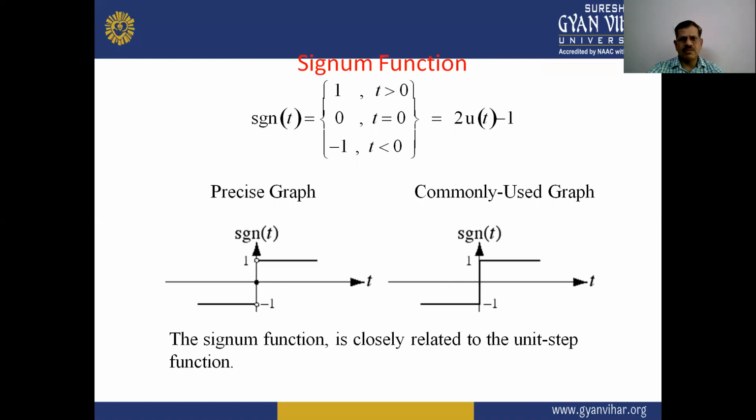So the signum function is also equal to 2u(t) minus 1. In these two graphs, the first is the precise graph and the second is the commonly used graph for the signum function versus time.